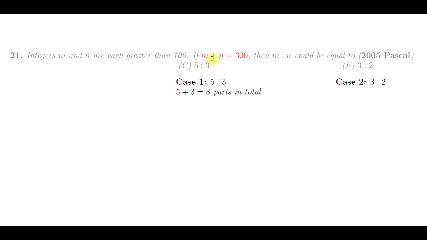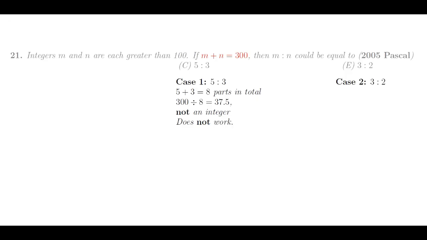Well, when we combine the m's and n's, we get 300, which means I'm going to have a bunch of these groups. How many groups? 37 and a half. Now, because we're dealing with integers and we can't break this down any further, this half group is not going to correspond to integer values. So that's not an integer. It doesn't work. If we were a contest writer, we'd be done. We know that doesn't work.